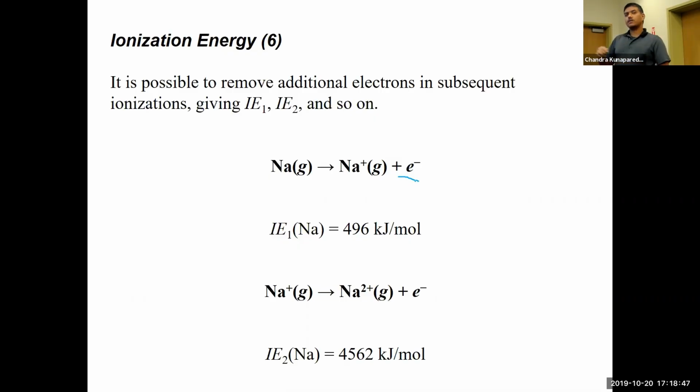Whereas if you want to remove one more electron from sodium, you need to apply almost 10 times the energy you applied in the first case, because once the sodium ion forms, it has 10 electrons with an electronic configuration similar to neon, which makes it more stable.